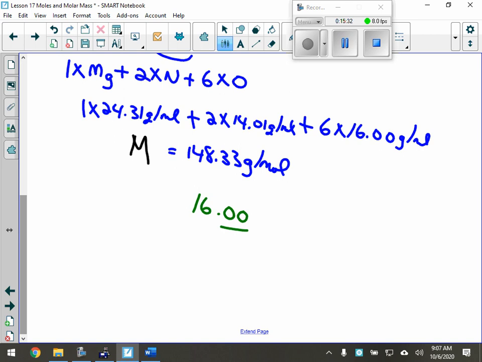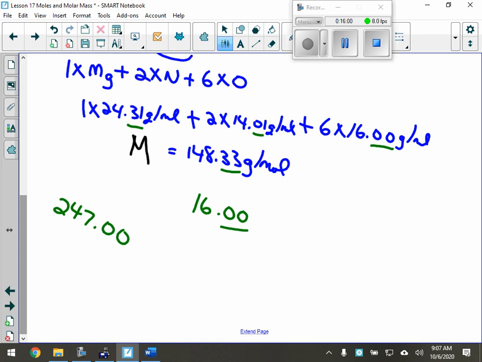So if your answer happens just by chance to work out to, I'm just going to make up a number here, let's say it's 247, we're going to put 247.00. We always record it to 2 decimal places, always. Because if you look here, there's 2 decimal places here, here, here, and here.